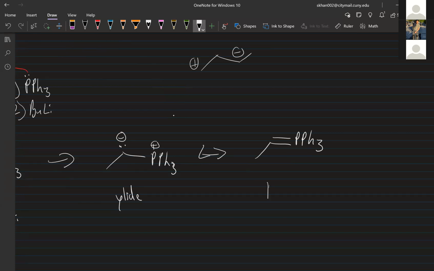But if no one knows, it's called phosphorane. Right, so there's the ylide form where you show both negative and positive charges, right? And then when you have it double bonded, that's called the phosphorane form. It doesn't really matter which form. It is easier to do the reaction with the ylide, though. I will say that in terms of actually drawing out the reaction.